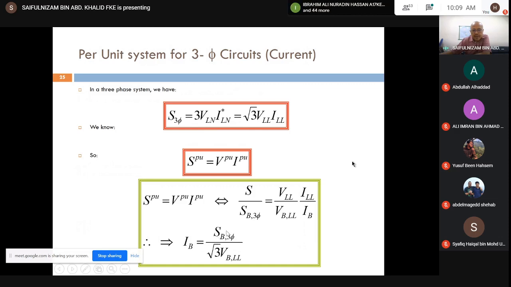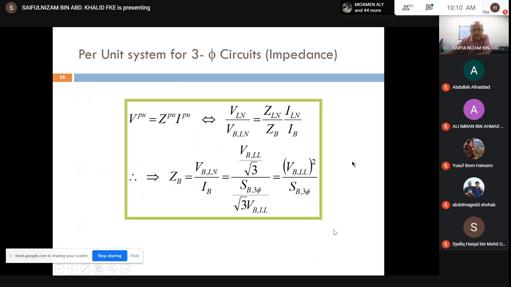Usually in the one line diagram, all quantities are on a 3 phase basis, unless it's mentioned in the question that it's a single phase basis. Usually it's 3 phase. Divide by root 3 times V base line to line quantity. This is the usual equation.